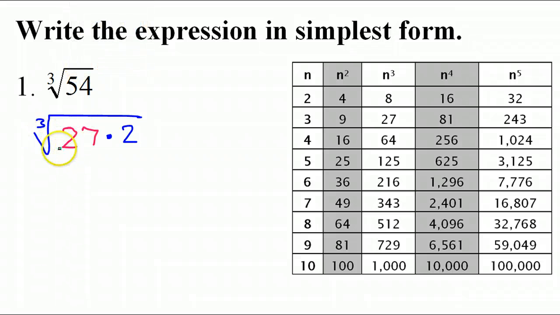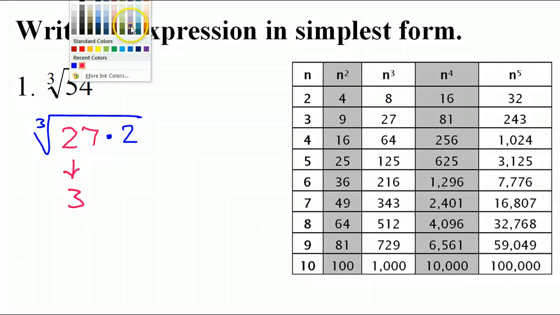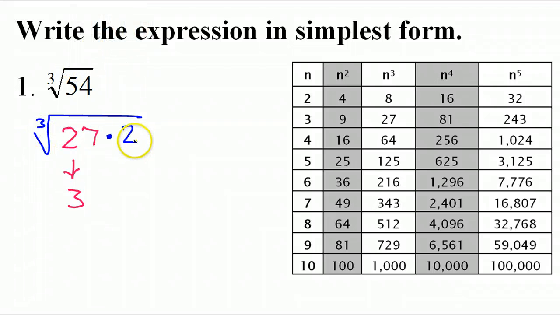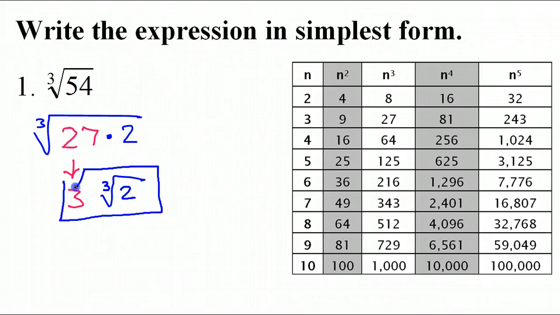So that's why this 27 is going to become a 3 on the outside of the radical, because I already simplified it. Now everything in blue, cube root of 2, is going to just stay the same. So this will be my final answer: 3 times the cube root of 2. Alright, so that's number 1.